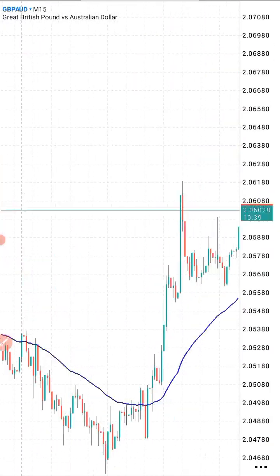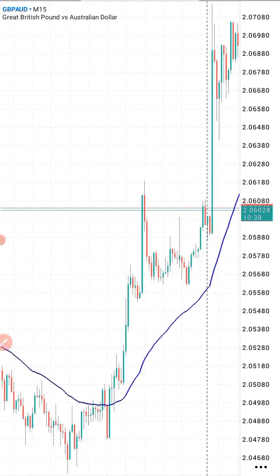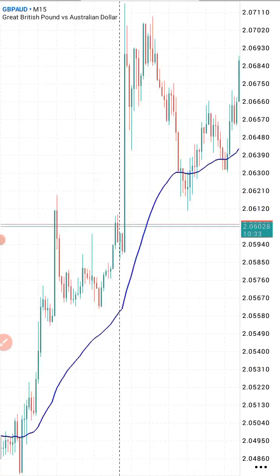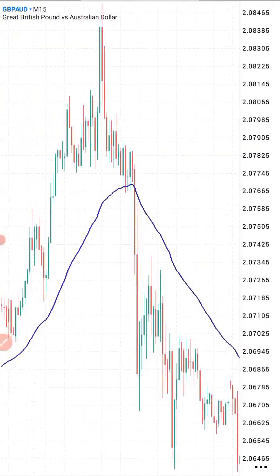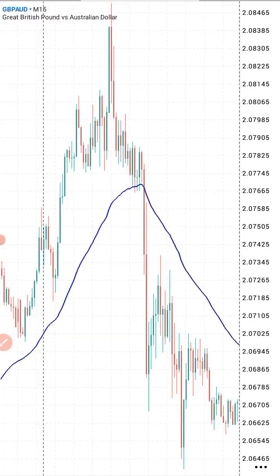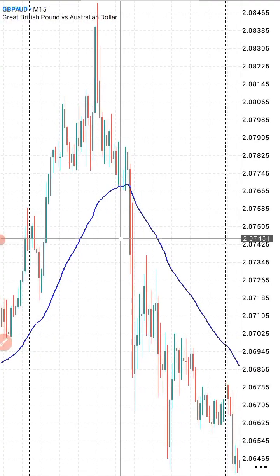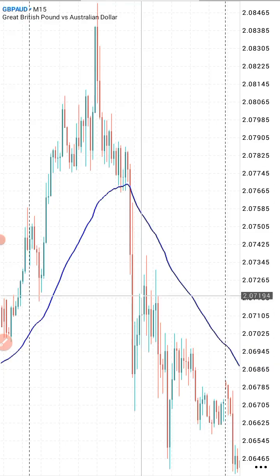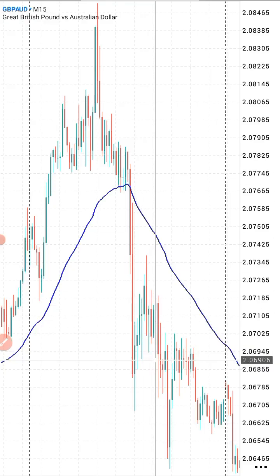For example, you see price breaking above here, or when price breaks below it, which here is an example. That is one of the common mistakes that traders usually make, chasing price breakout either above or below the moving average, which often leads to false signals and losses.